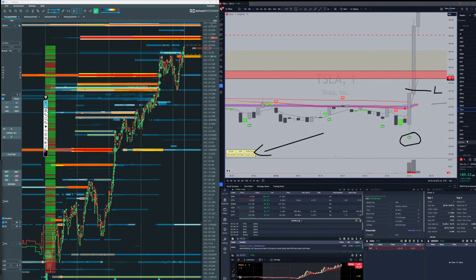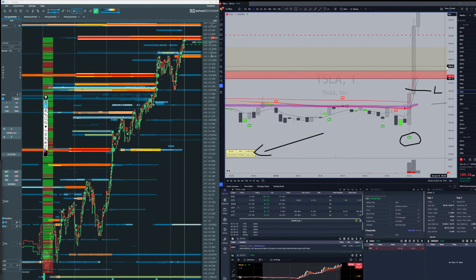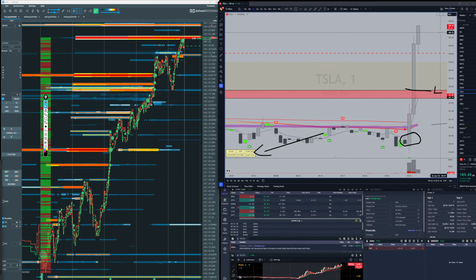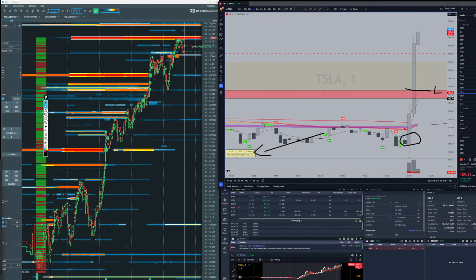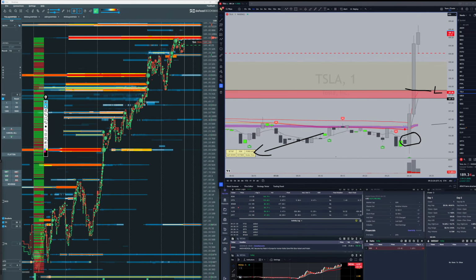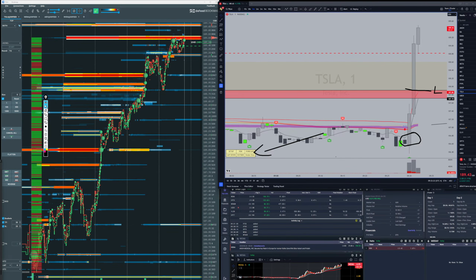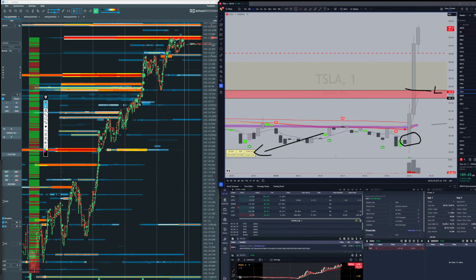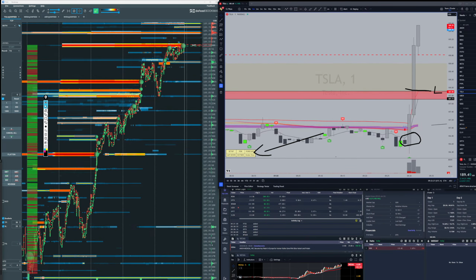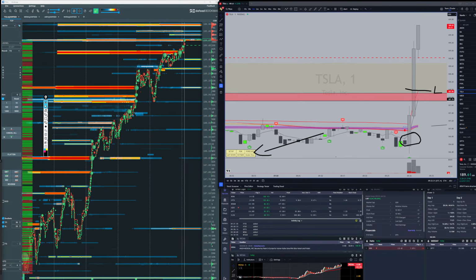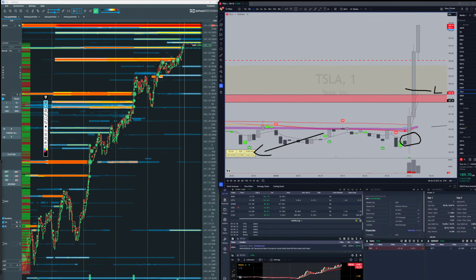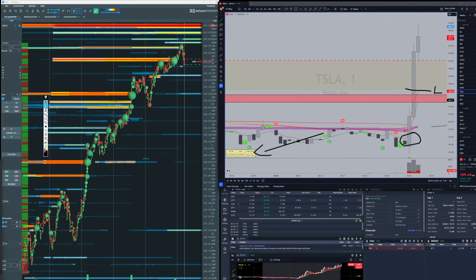Remember WENA. Okay, here 189.50. So the system over here is giving your exits at 2, 4, 8R, and then trail Tesla with the 90 MA. Okay, but beautiful play on Tesla.